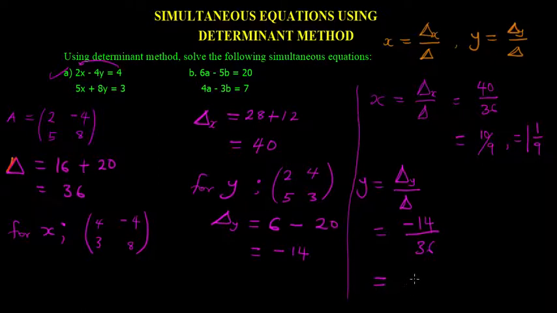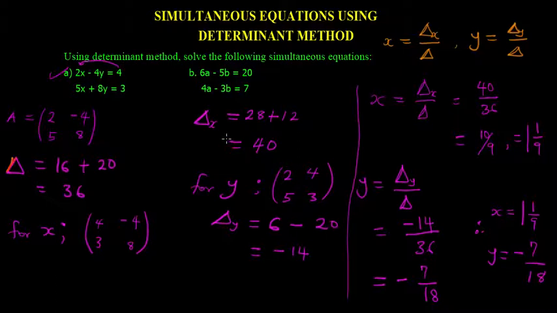Can we reduce this further? Let's see, 2 goes into 14 seven times, and 2 goes into 36, that gives us 18. Therefore, our x is equal to 1 whole number 1 over 9, and our y is equal to minus 7 over 18. So those are the two values for the two variables that we have here.